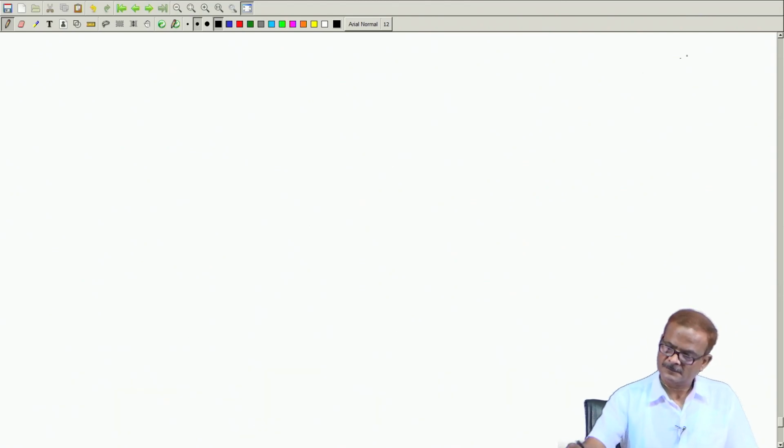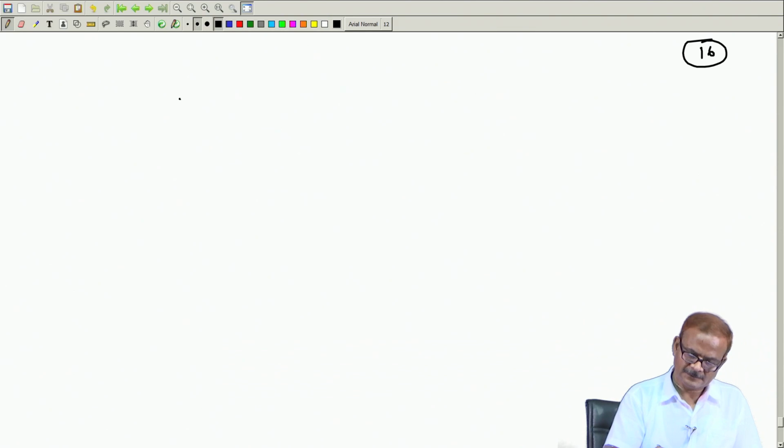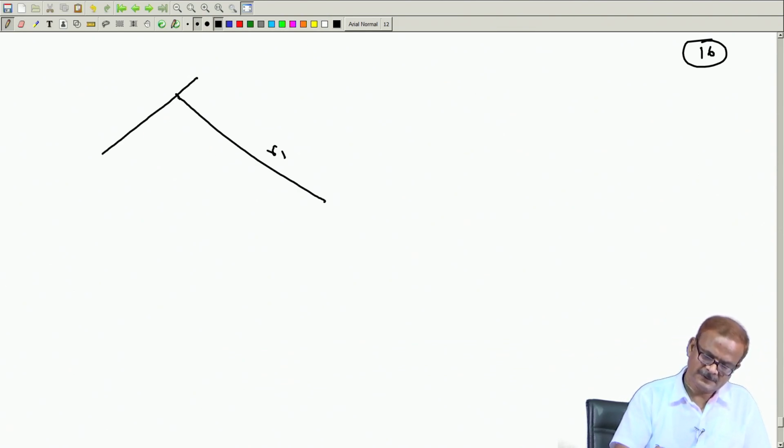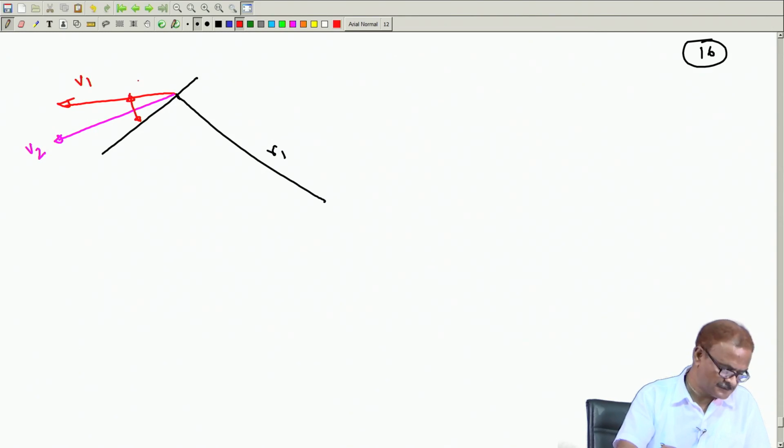So, coming to the final version. This is R 1 here, okay. This is the local horizontal, and V 1 is here in this direction and V 2 is here in this direction. So, V 1 angle, this angle from this place to this place, is around 24 something we have calculated.